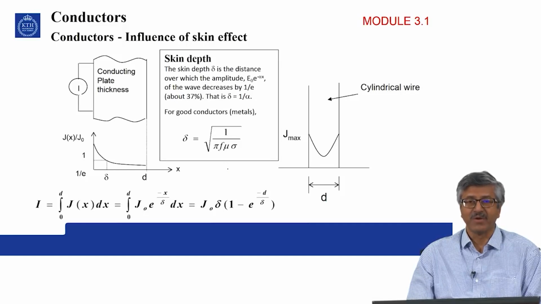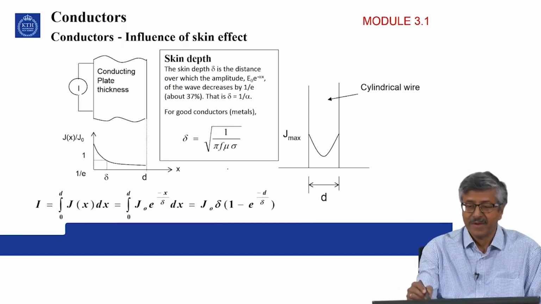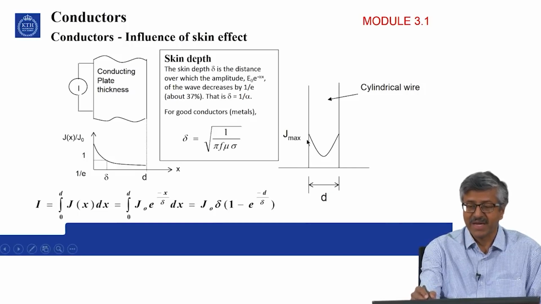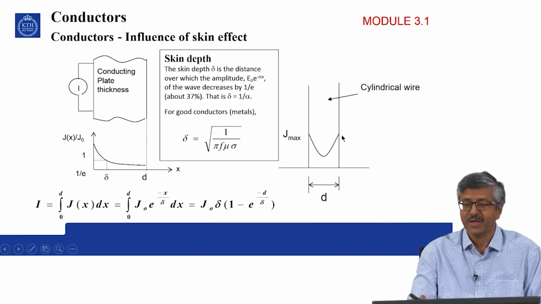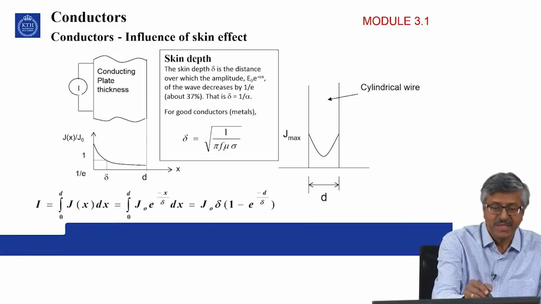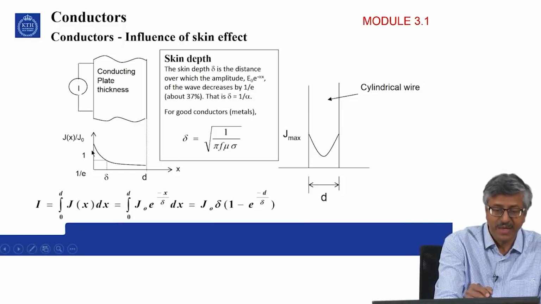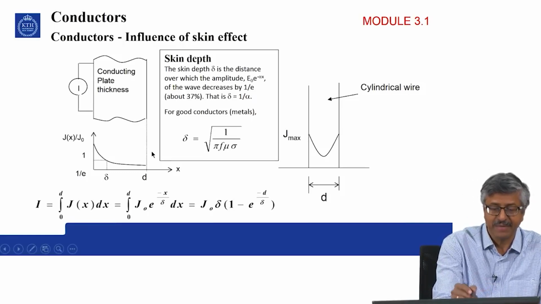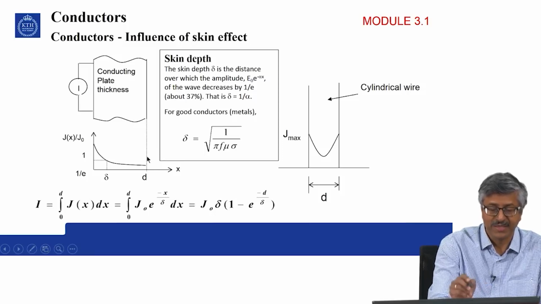So, if you take a round conductor and if it carries a DC current, the current distribution is uniform. Say if we represent J max like this, it will be a constant current distribution like a straight line, not a curved line that is shown over here. So, in a plate of thickness D, again it will be a straight line, not a curve like this.